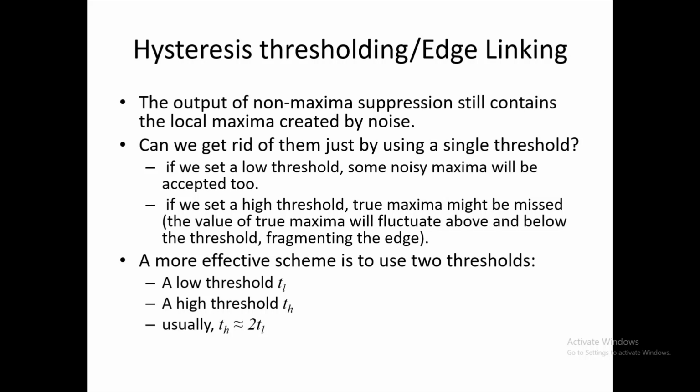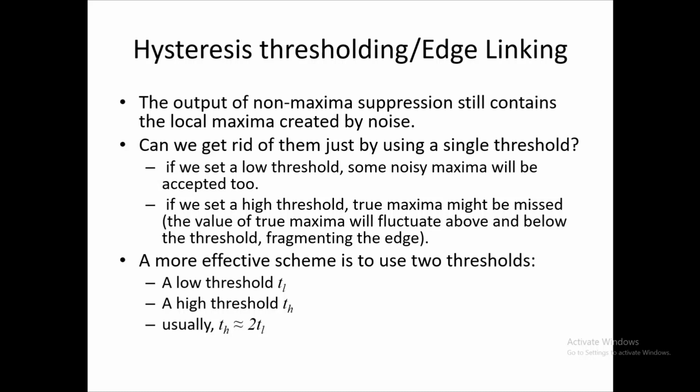As we have said before, the output of non-maxima suppression still contains local maxima created by noise. So can we get rid of them just by using a single threshold? If we set a low threshold, some noisy maxima will be accepted too, and if we set a high threshold, true maxima might be missed. The values of true maxima will fluctuate above and below the threshold, and that will result in fragmenting the edge.